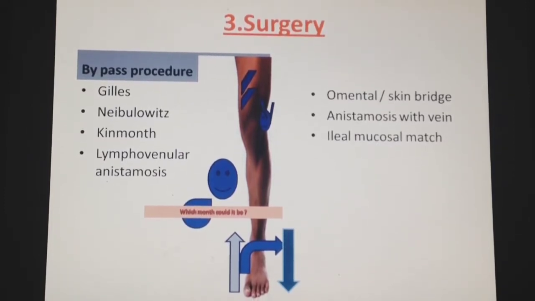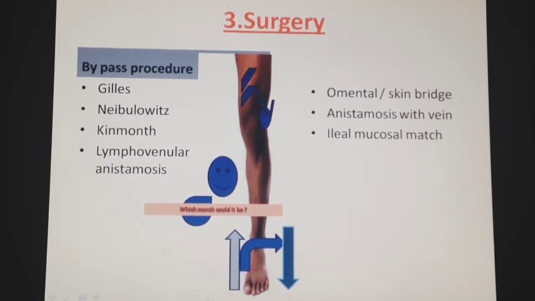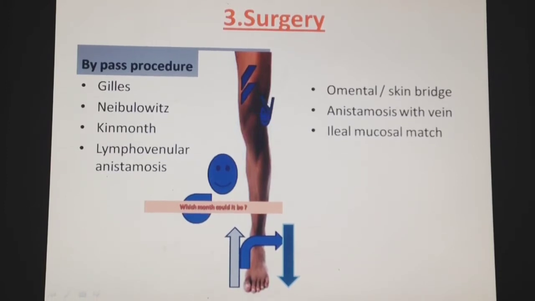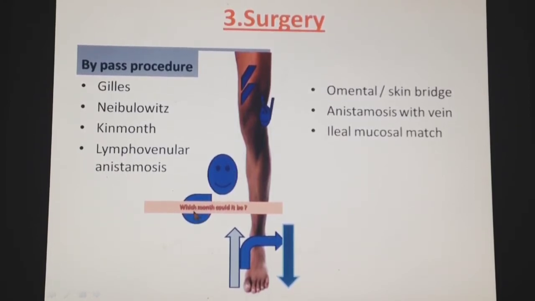To remember this, picture a long foot which has gills on the upper end, hence the Gilles procedure. In this one, you can see an alien, Nebula Wurtz, a smart alien. In this picture, you can see a person trying to remember which month it could be, Kinmonth.